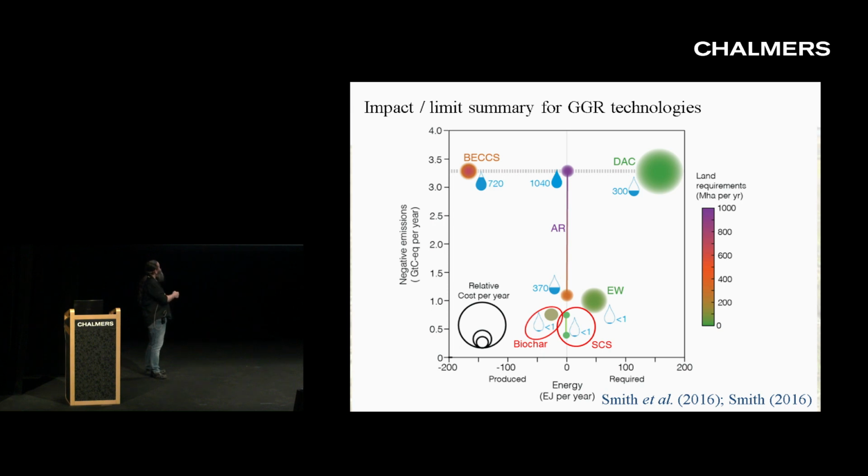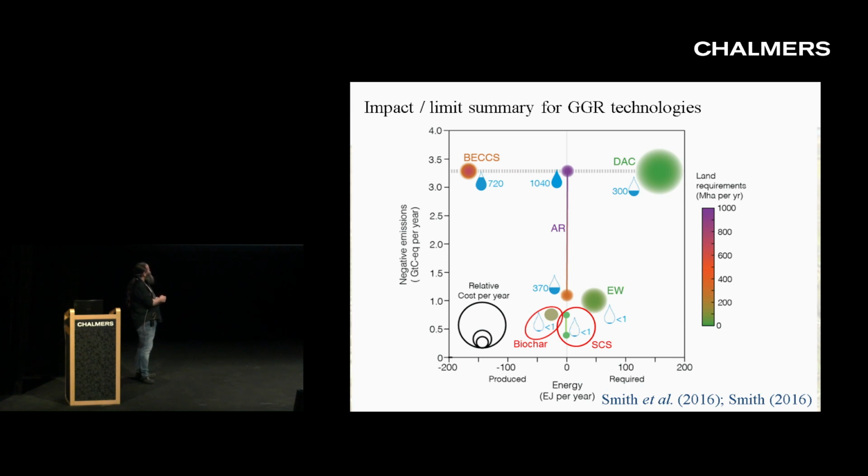What's shown up here is the global potential, and this is set to 3.3 gigatons, which was the median from all of the integrated assessment models from the last IPCC assessment report. So what we've done is said, what would happen if we tried to implement technologies either to their maximum level or to the level that you require for negative emissions?